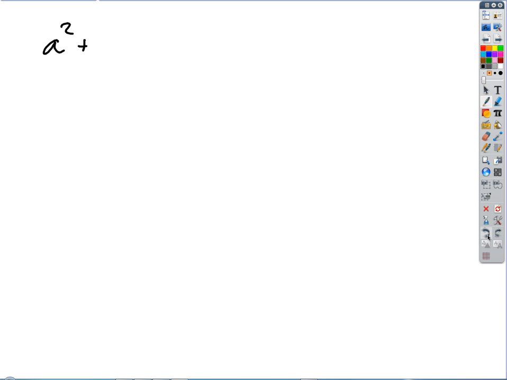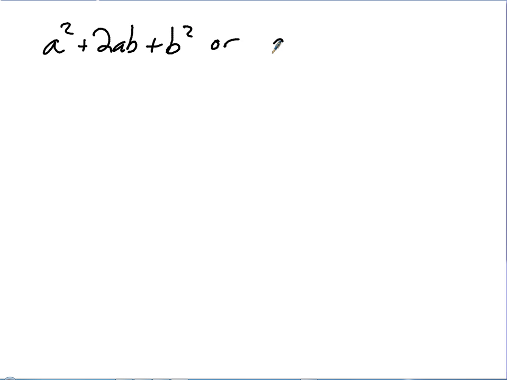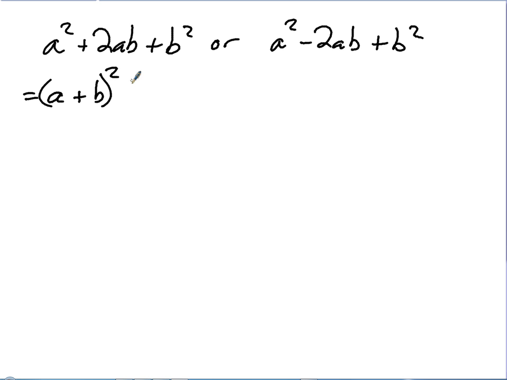But if you see this pattern, a squared plus 2ab plus b squared equals a plus b quantity squared, and a squared minus 2ab plus b squared equals a minus b quantity squared. I'll give you an example.